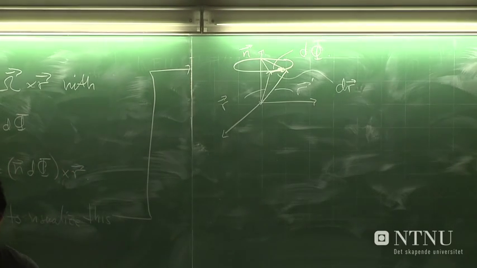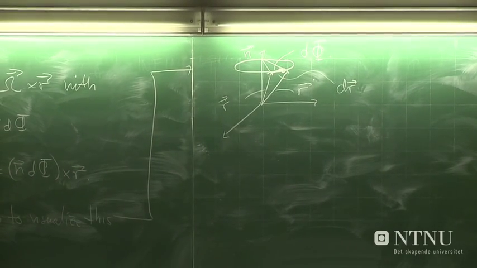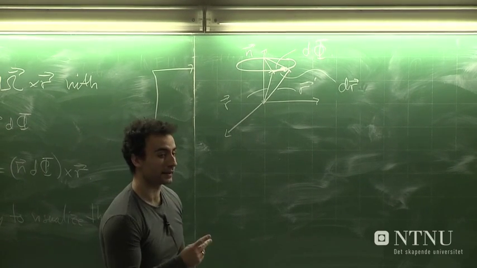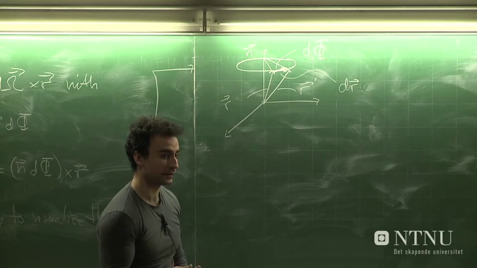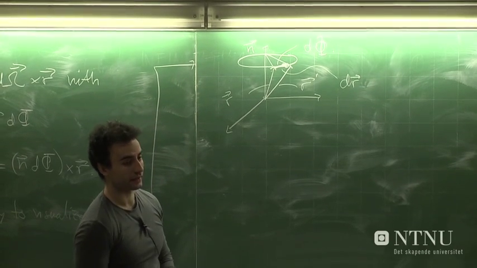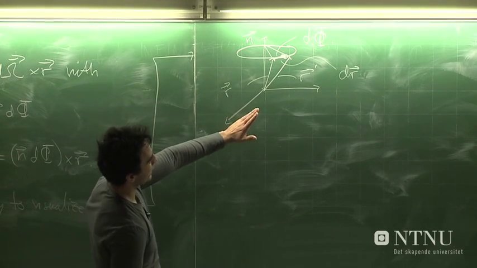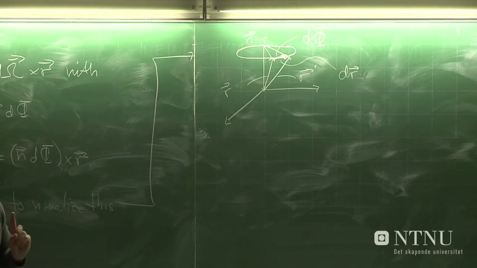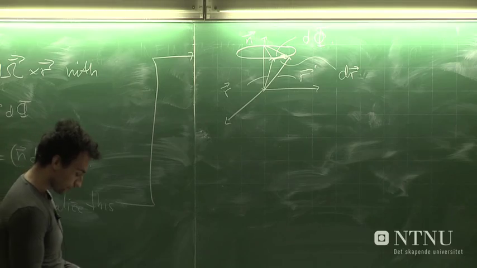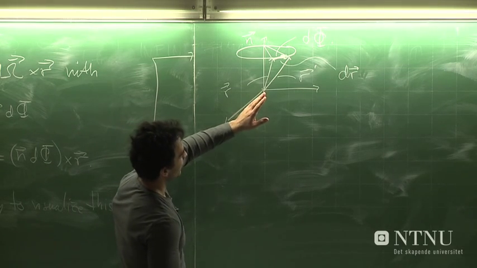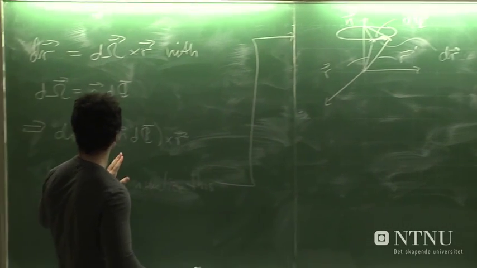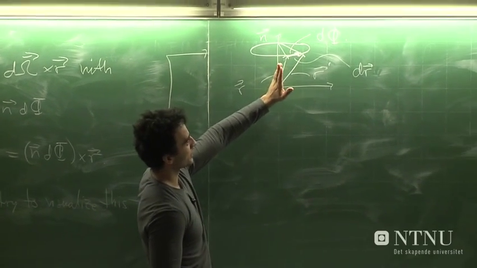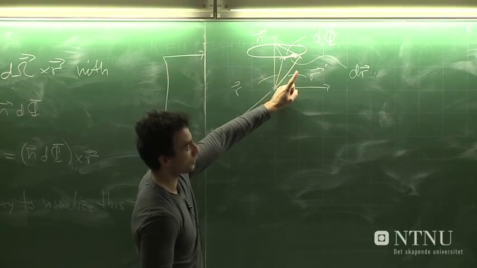And keep in mind from our discussion in the previous lecture, yesterday I mean, that there are two ways to view this problem. There's an active way and there's a passive way. The active way is that you leave the coordinate system as it is. You only deal with one coordinate system, and this rotation then takes us from our vector r in this system to a vector r prime.